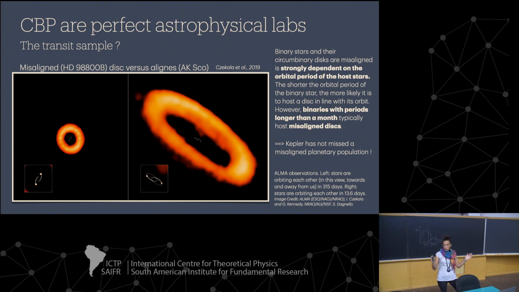So depending on the orbital period, your disk will have a different inclination, and automatically, if from this disk an exoplanet is born, you will have a very different inclination of the circumbinary exoplanet.